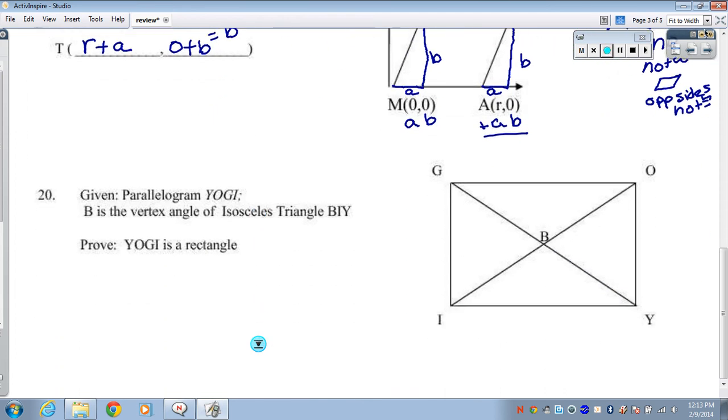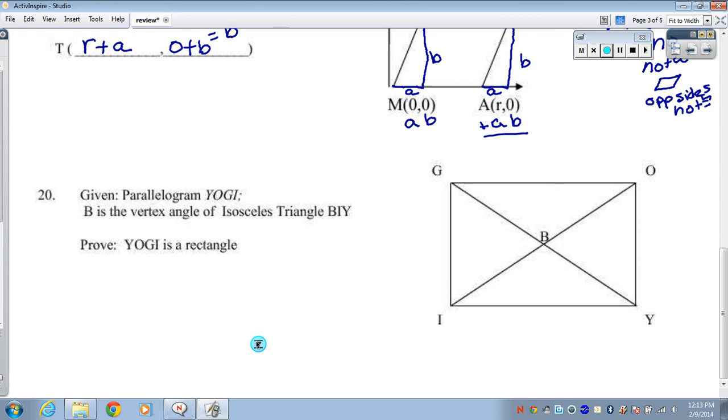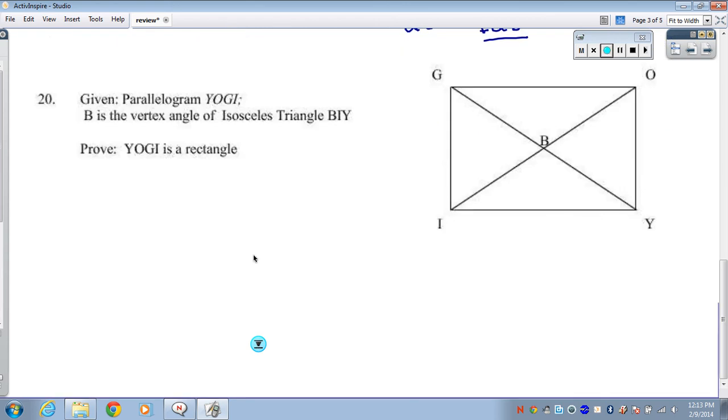All right, the proof. Let's look at what we know. We know that we have a parallelogram YOGI. With that being said, I know that BG and BY are congruent, and BO and BI are congruent.